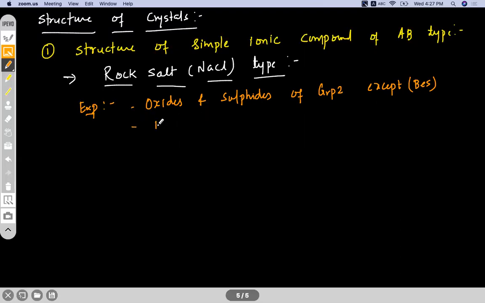Halides of silver, except AgI, have this type of structure.